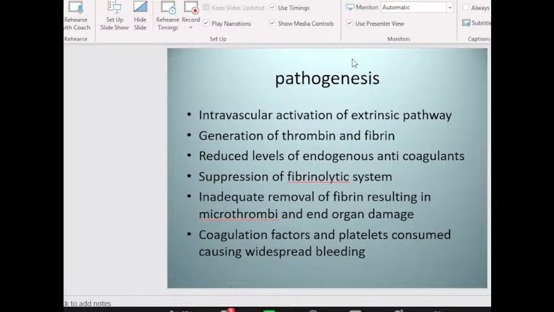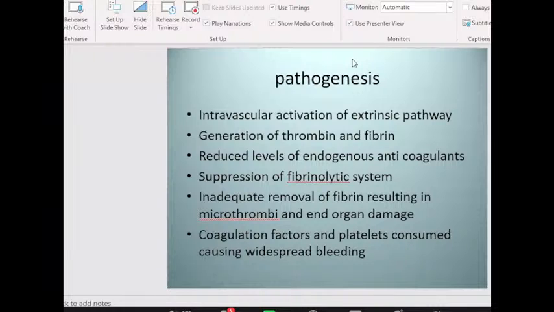Now, what happens is that the fibrin is degraded, and as a consequence of that, we get fibrin degradation products that are formed. The smallest of these fibrin degradation products are known as D-dimers. D-dimers we are able to measure in the laboratory, and it's a useful tool to tell us that the coagulation cascade has been activated.